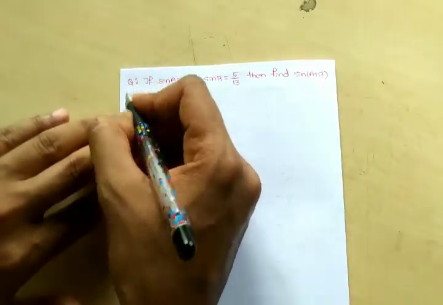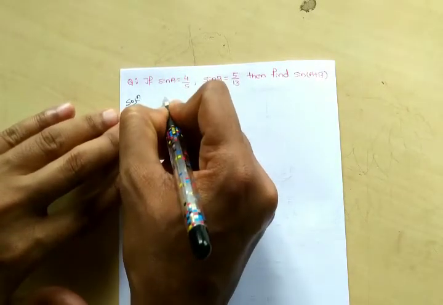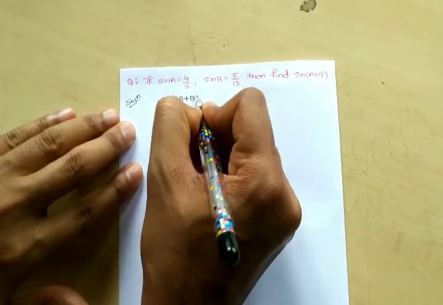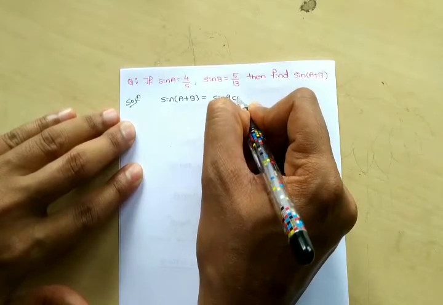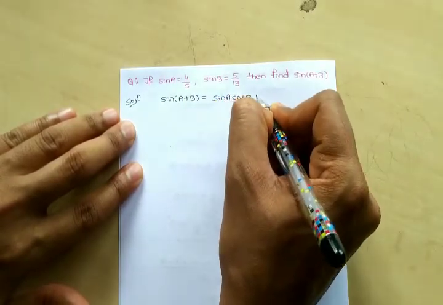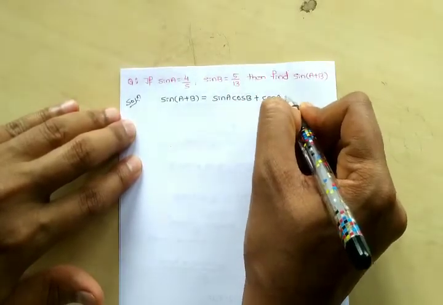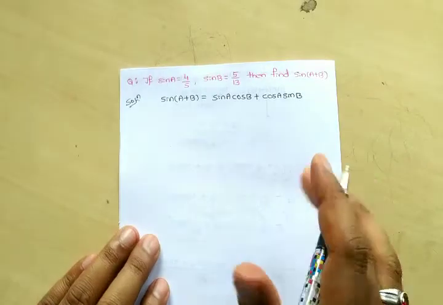You know the formula, correct? So what is the compound angle formula of sine a plus b? Sine a plus b is equal to sine a into cos b plus cos a into sine b. Correct? So this is the formula.